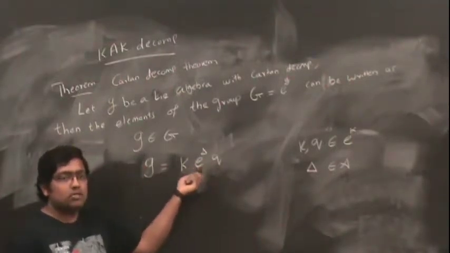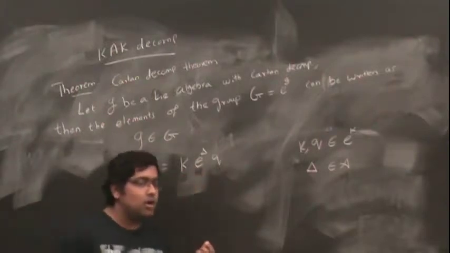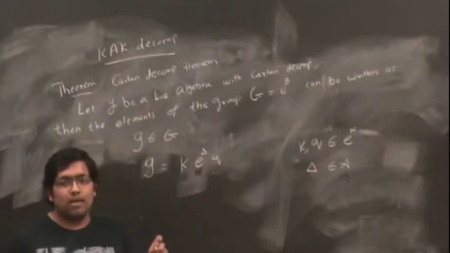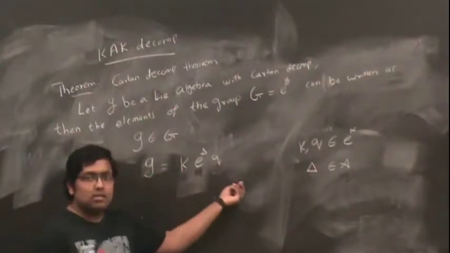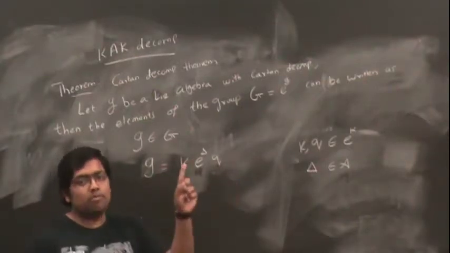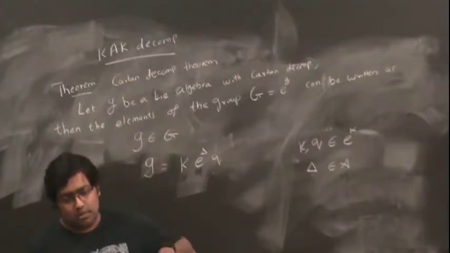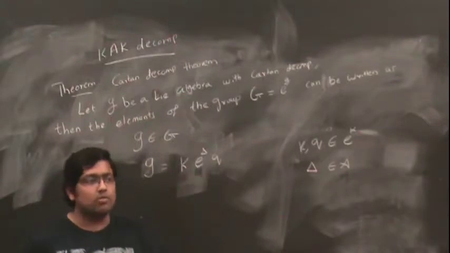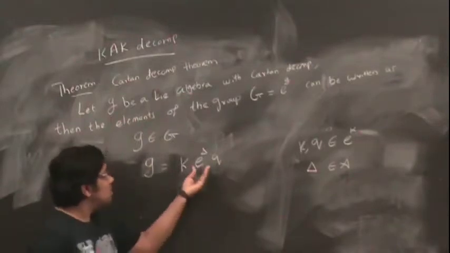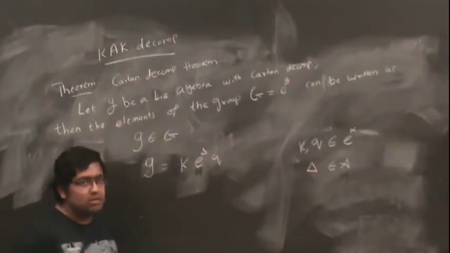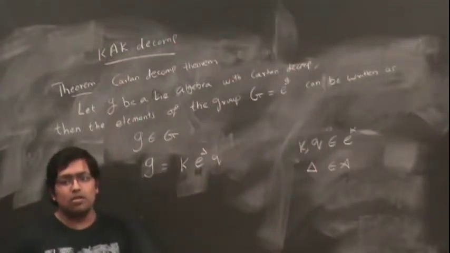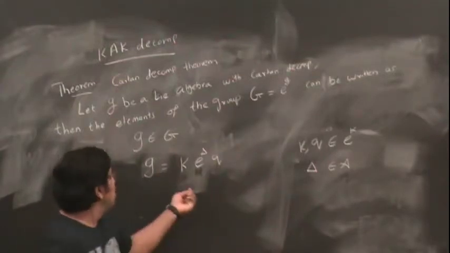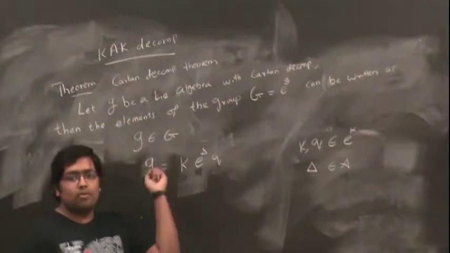This delta gives you the singular value that determines how far from the origin you are. And then this e to the i phi, or the k's, will rotate you from that abelian group to other elements of the group. So the singular values determine the radial part of it, and then you use these to move away from it.